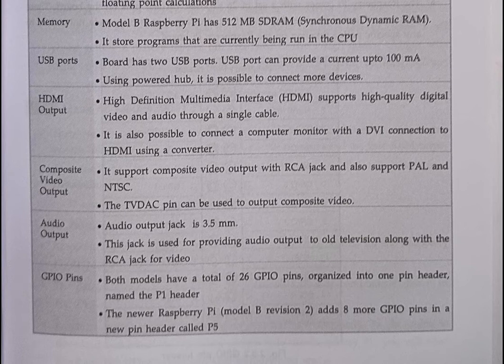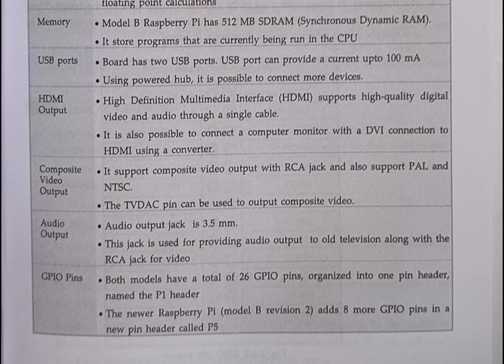Then we have composite video output. It supports composite video output with the RCA jack, and also supports PAL and NTSC. The TVDSC pin can also be used to output composite video. Then we have audio output.